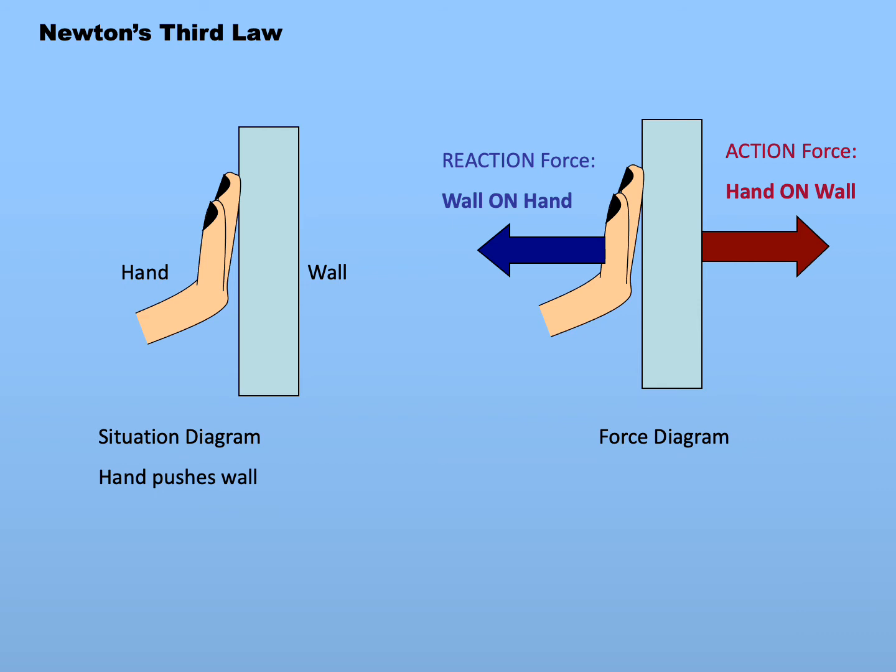Now, whenever you establish an action force, you will always have body A acting on body B, hand on wall. It's very easy to get the reaction force. You just invert the two objects or two bodies. So rather than action force being hand on wall, the reaction force simply becomes wall on hand.